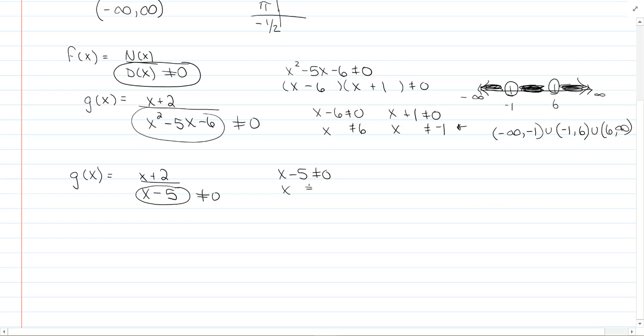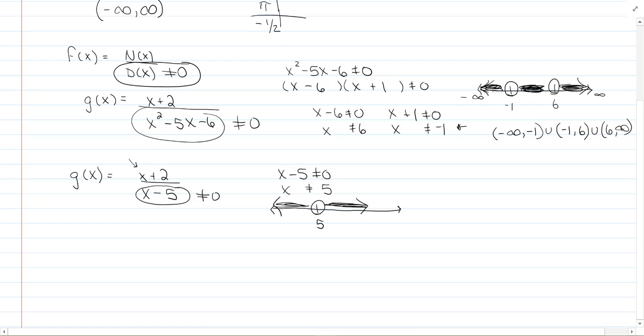So the only number we have to worry about is the number 5. If I plugged 5 back into this function, 5 plus 2 is 7, 5 minus 5 is 0. 7 divided by 0 is undefined. But I can pick any other number on the number line. So again, draw that up. Not 5, but all other numbers.